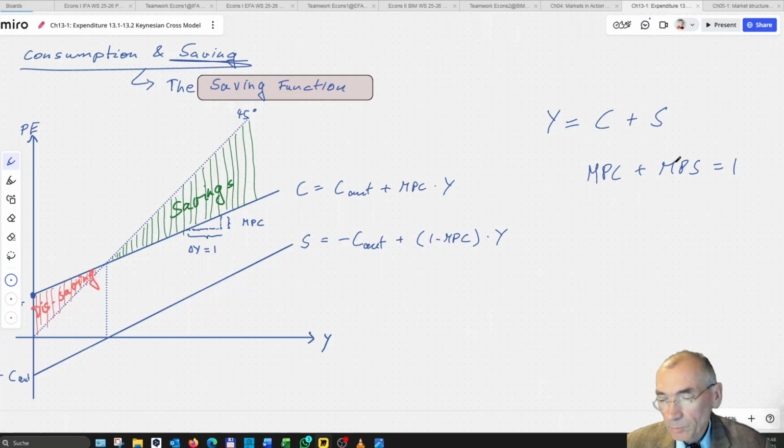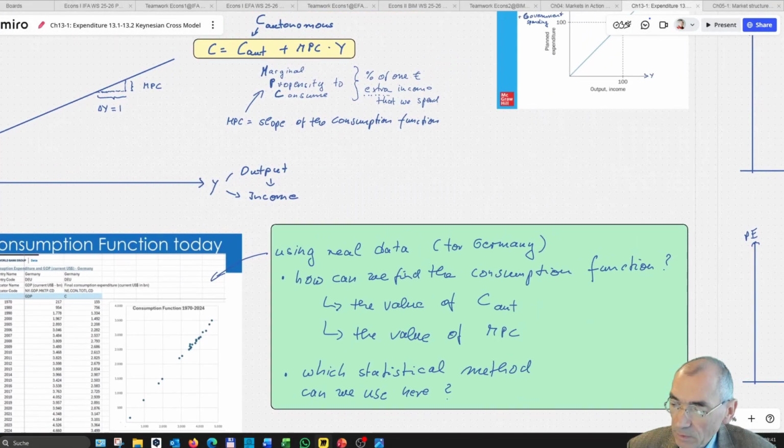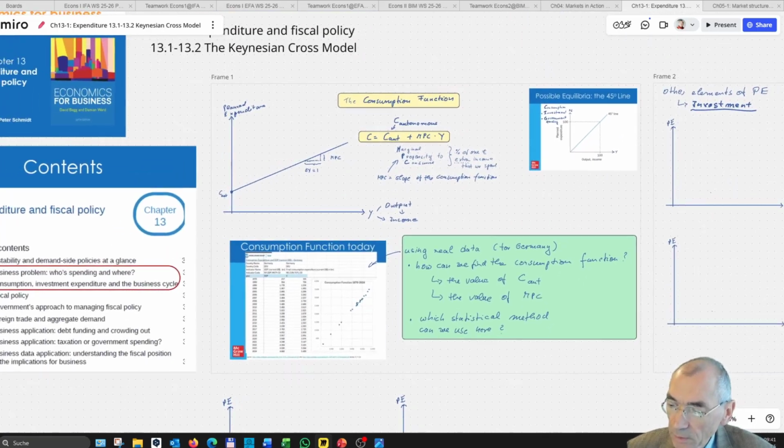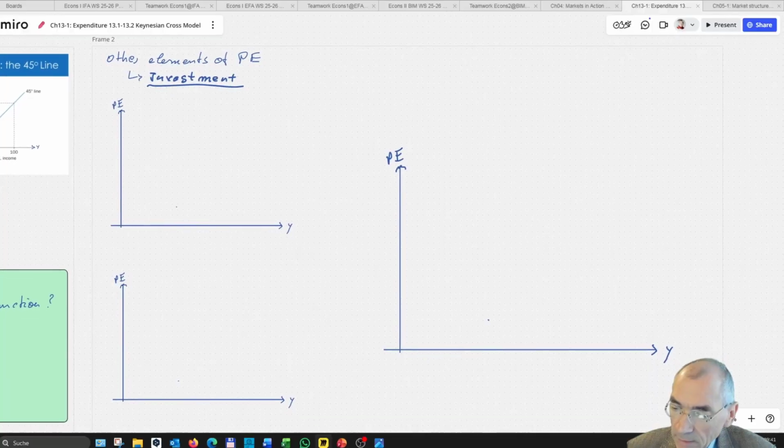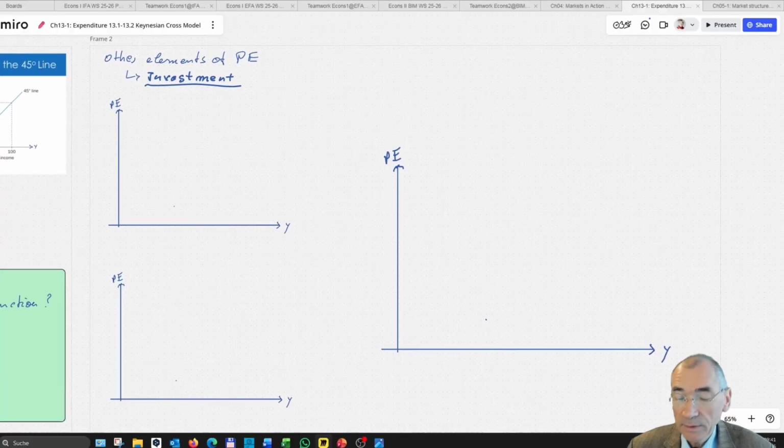Okay, so now we have rounded up the consumption function by also looking at the other side, the saving function. So now that we have talked about the consumption function, the next step is to say, okay, but our original idea was to talk about planned expenditure, and the second part of planned expenditure is investment.